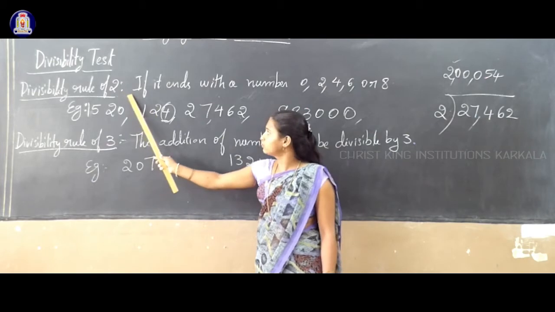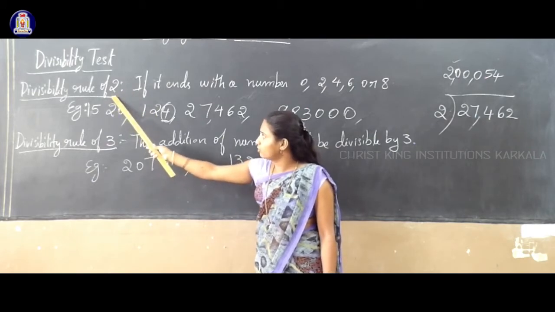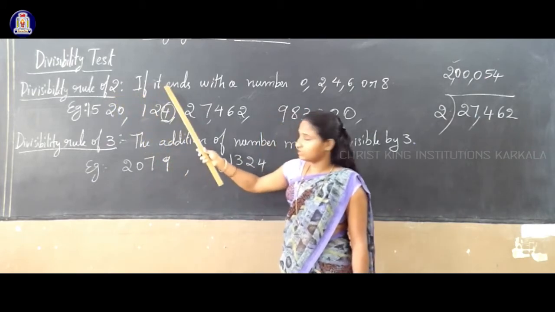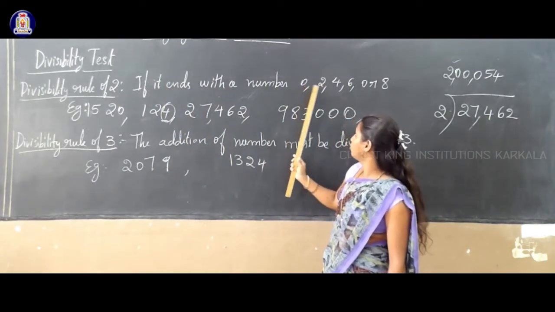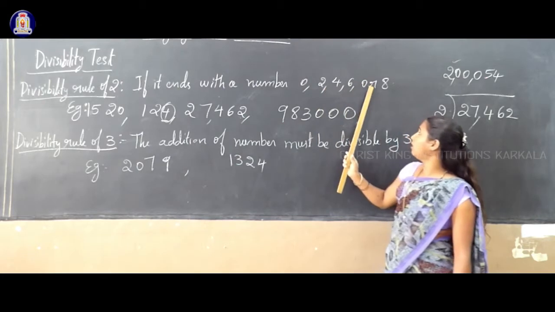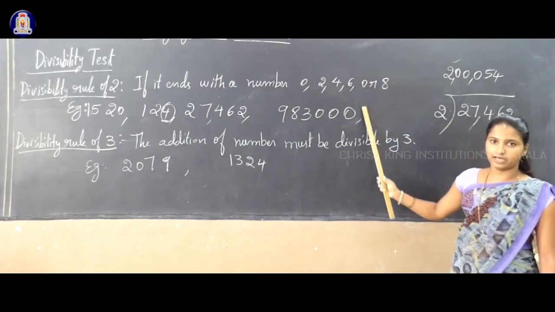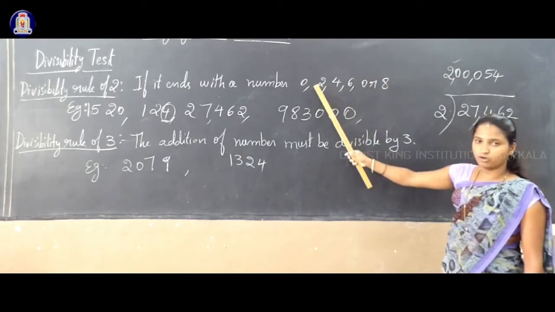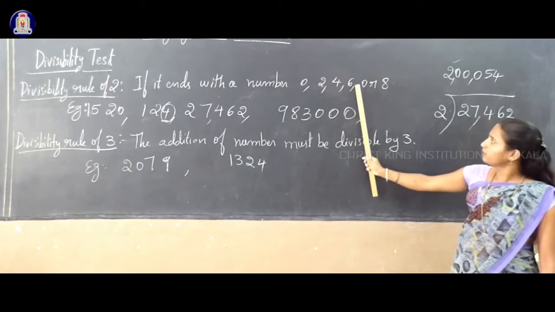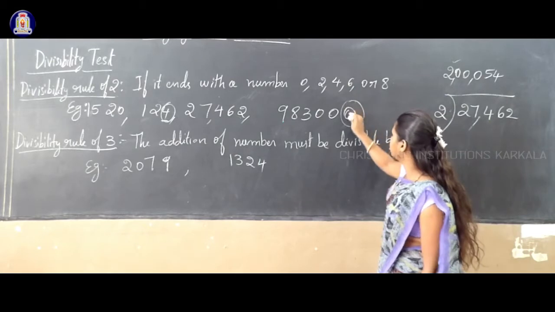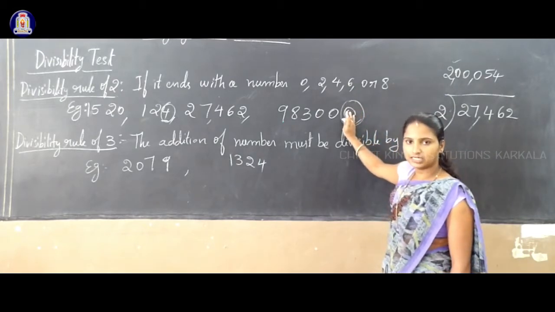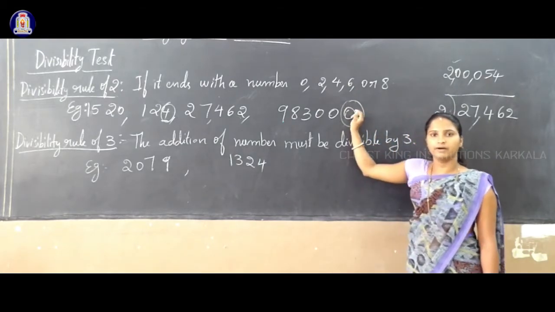Clear? So how to identify? See, the divisibility rule of 2 says that if a number ends with 0, 2, 4, 6 or 8, the last digit should be 0 or 2 or 4 or 6 or 8. So here in this example, the last digit is 0, so we can say that this number is divisible by 2.